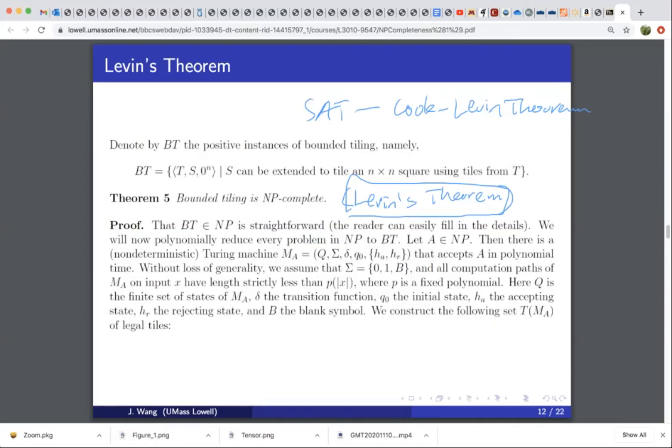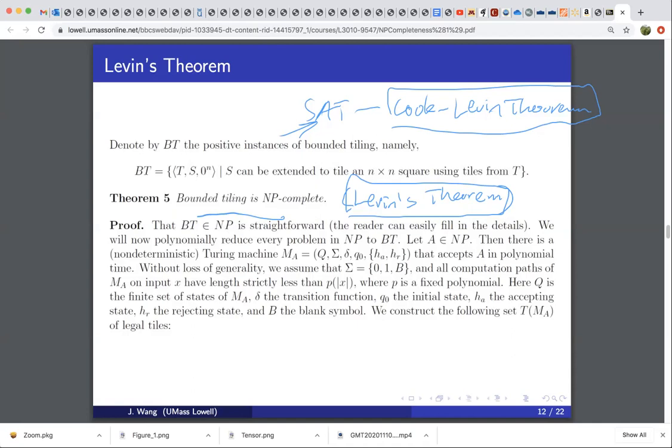Levin proved this, Cook proved that. But from the historical point of view, they were the first natural NP-complete problems, and they were proven separately. That was one of the reasons that Mike Sipser put them into the Cook-Levin theorem. So that's a remark on your textbook.